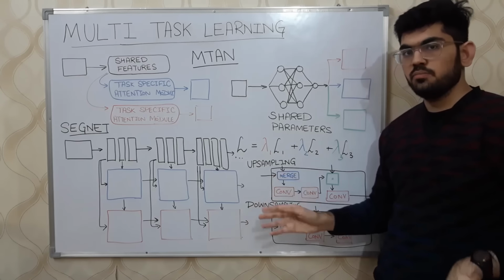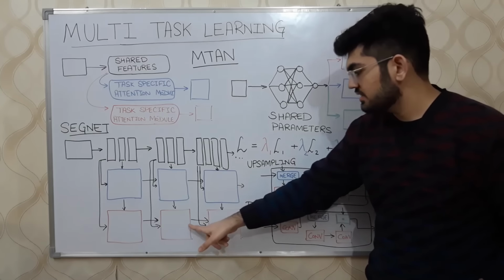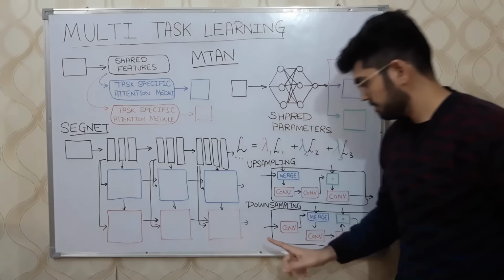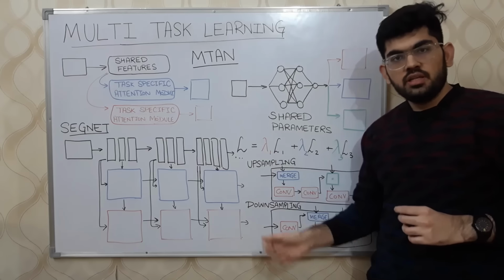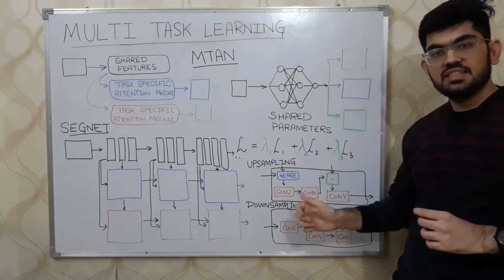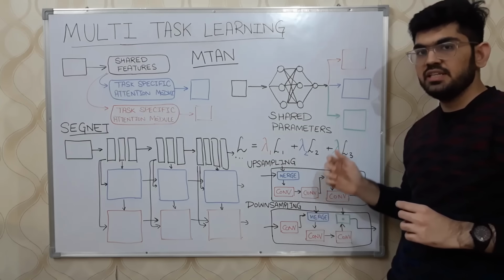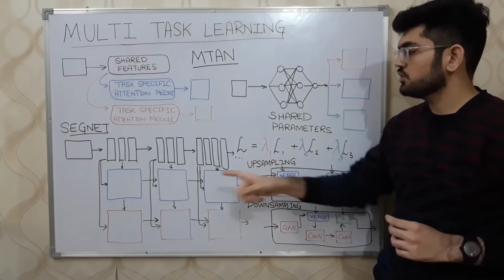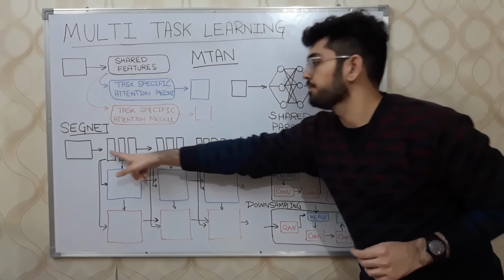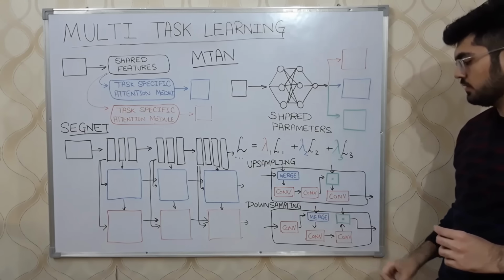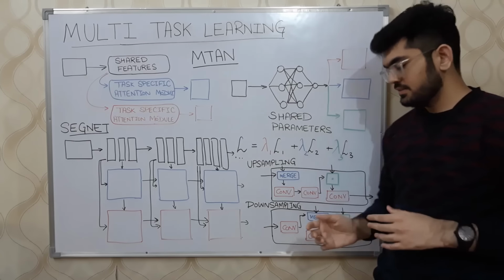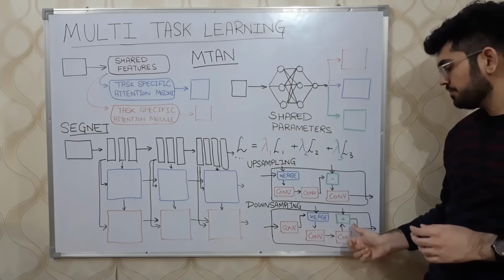For the downsampling module, we take the input from the previous attention module, which we can see over here. This input is sent through a convolution block, which is then merged with the input of the first layer of the convolution block, which is present over here. This merged filter is passed twice through convolution blocks.